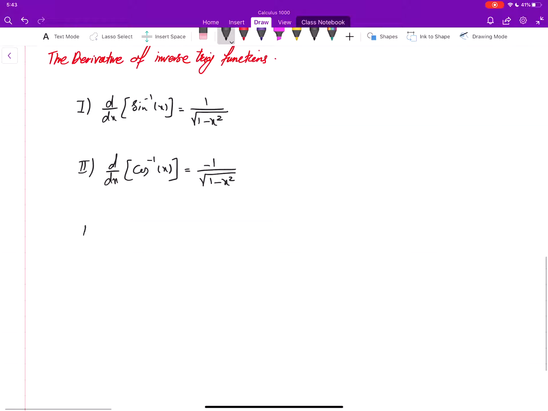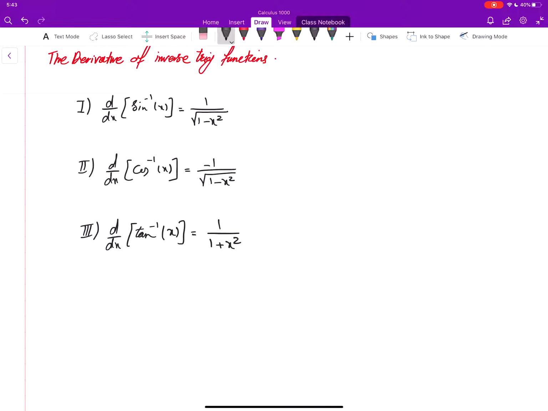And the third one is tan inverse, or arctan. These are the ones we found. This is 1 over 1 plus x squared.